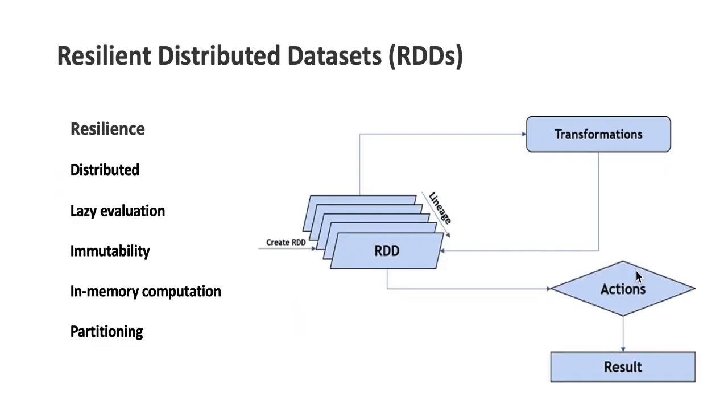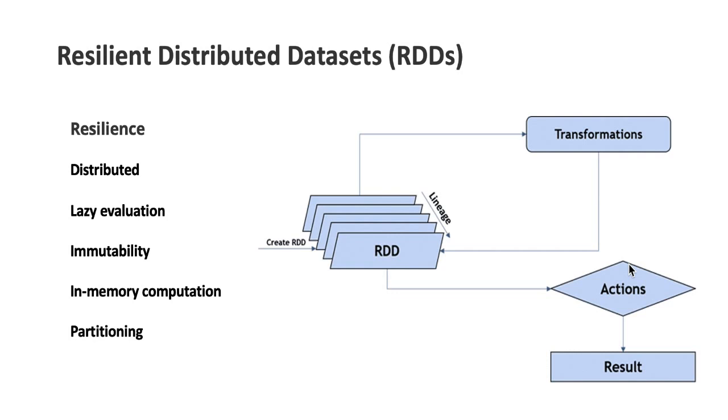Now let's see what is an RDD. RDDs are resilient distributed datasets, which are the main logical data unit in Spark. They are a distributed collection of objects which are stored in the memory of different machines of a cluster. As the name suggests, RDDs are resilient.